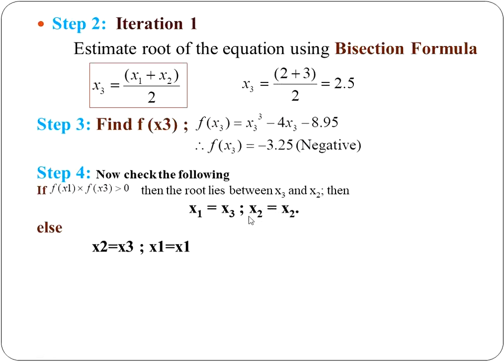It means there is no change in x2, only x1 is replaced by x3. If this does not happen, else we can write x2 equal to x3 and x1 becomes x1. There is no change in x1. This is one way to replace the guesses for the next iteration.